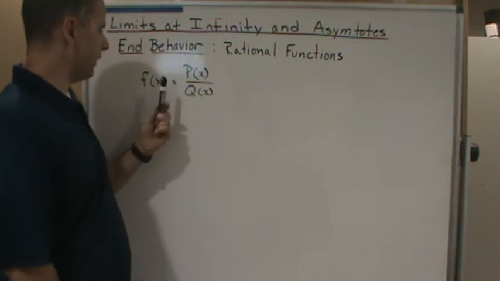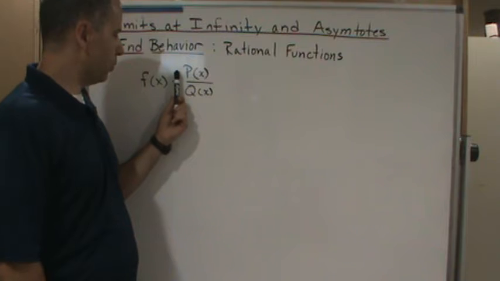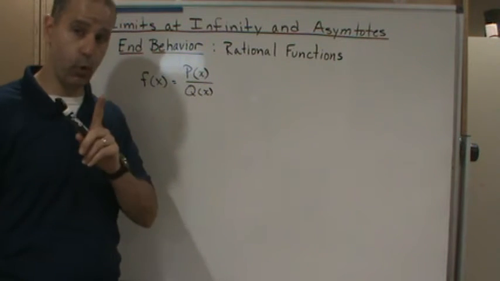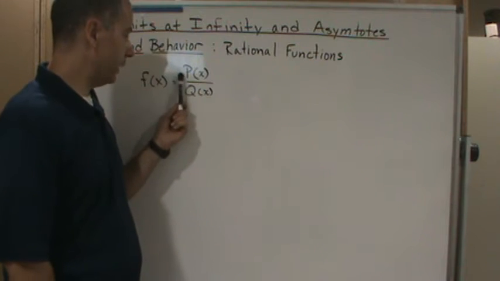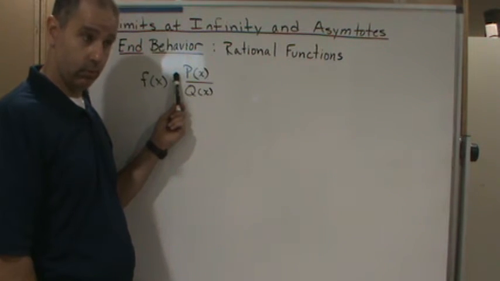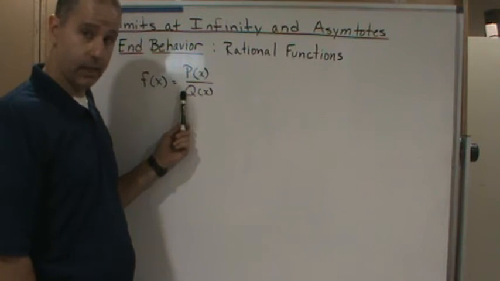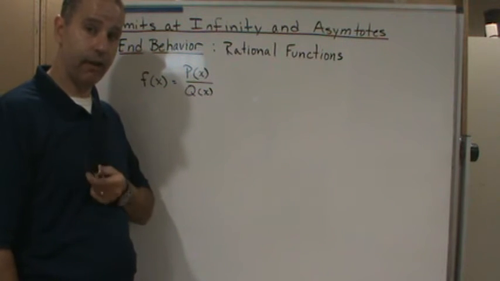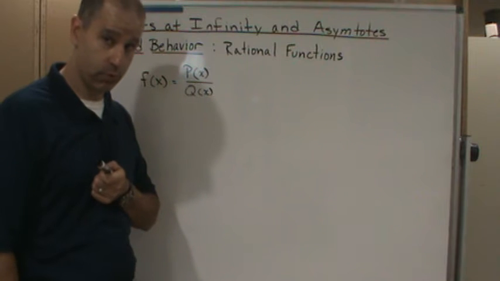And then one more case. If the degree of the top is exactly one more than the degree of the bottom, then we have an oblique asymptote.